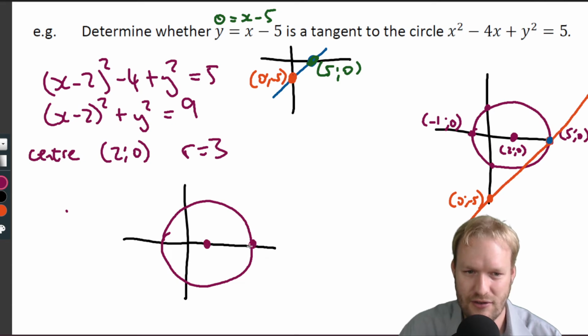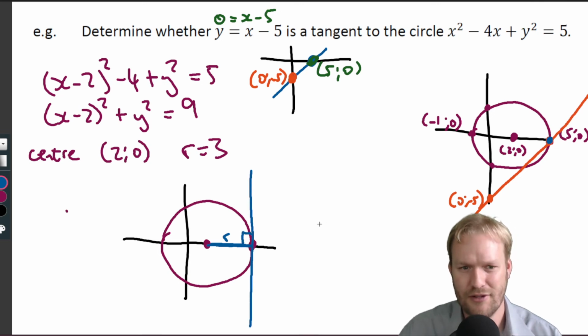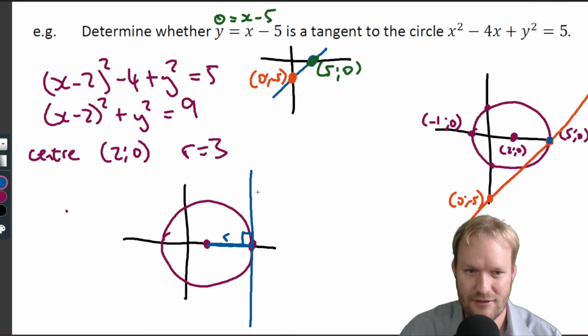There's the center, there's 5, 0. If we drew a tangent at this point, it must be at right angles to the radius, which means that it must have gone like that. So this line here, which is x equals 5, is a tangent.